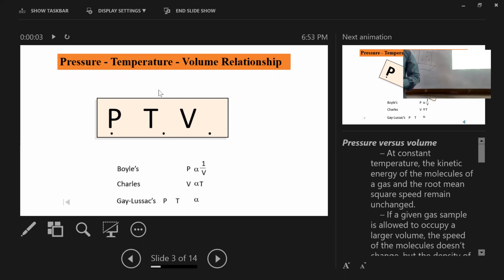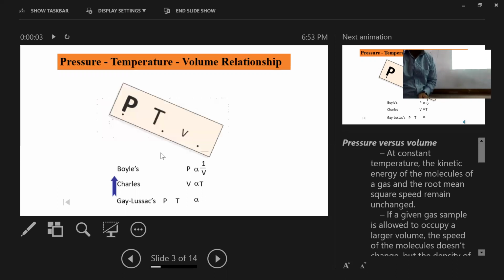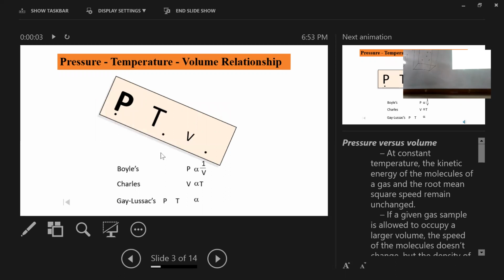The pressure, temperature, volume relationship. Maybe I should have some animation. Okay. Here you can see that if you fix the temperature and if you increase the pressure, the volume will be reduced.